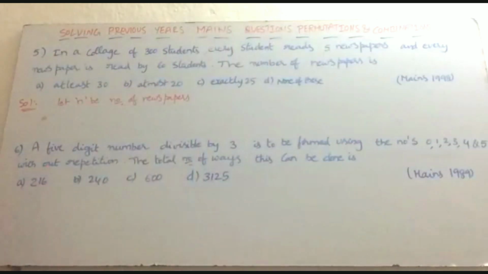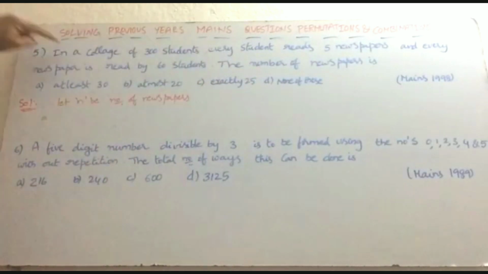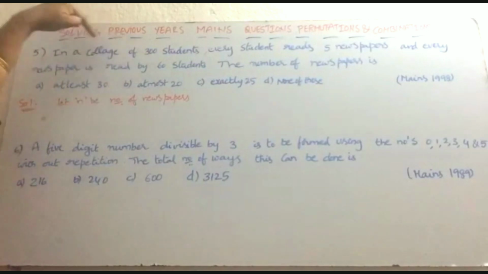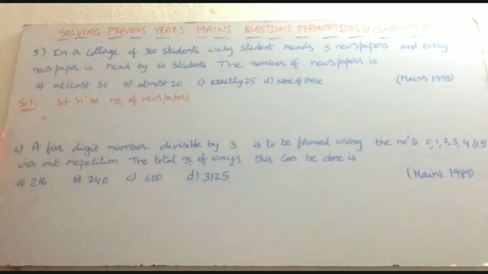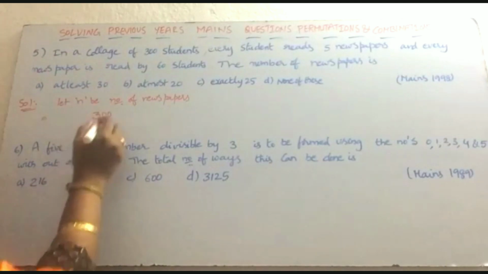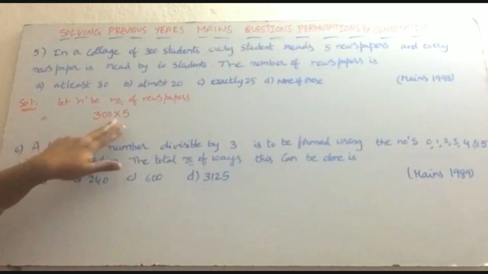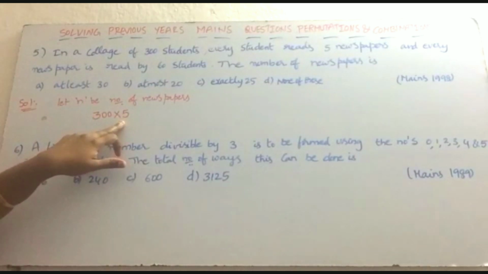Every student reads 5 newspapers. How many students are there in college? In college 300 students are there. So every student reads 5 newspapers. That means 300 into 5.